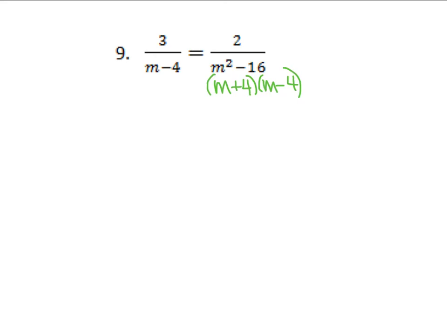So I've got a roster member of m minus 4, and a roster member of m plus 4, and then m minus 4, which is already written. So these are my two roster members. The first fraction has m minus 4, so it needs the m plus 4.